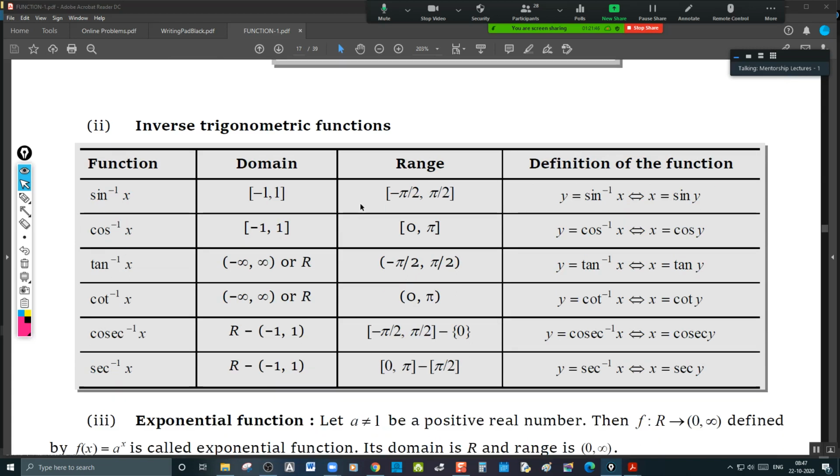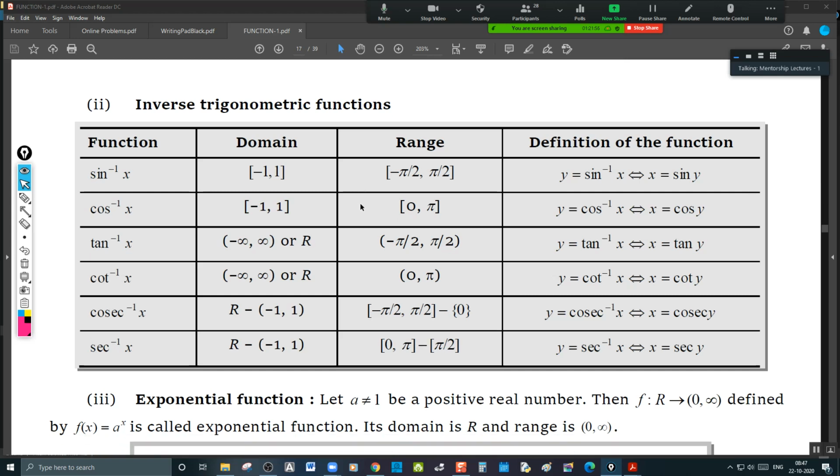Different mathematical relations, whatever are defined as functions, will be included. There are no restrictions for functions. Similarly, the domains and ranges of different inverse trigonometry functions. I think you did not finish this, no?